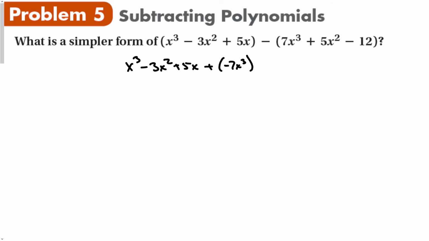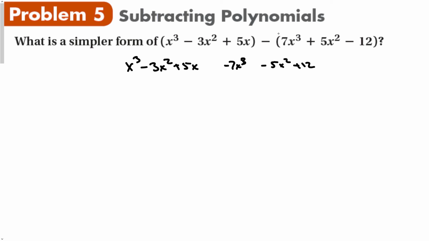The opposite of a positive 5x squared, that's a minus 5x squared. The opposite of a minus 12 is a positive 12. Okay? And then here, I didn't really have to do that. I could have just left this as a minus instead of a plus. Okay? Now, I just need to make sure that I combine the same thing.